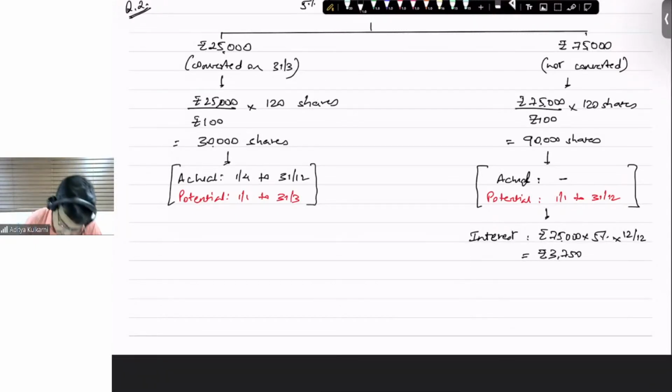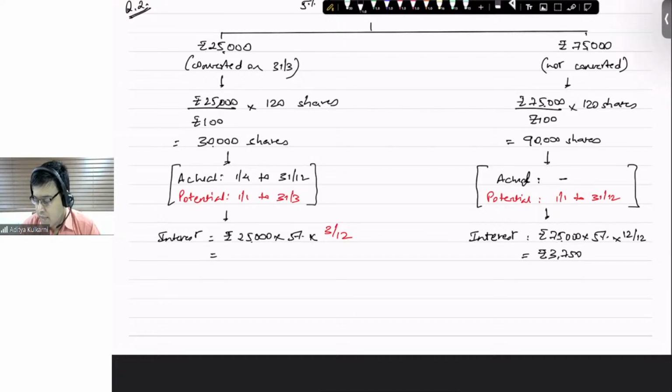Whereas in the case of rupees 25,000, the interest component will be only for a period of 3 months. 25,000 into 5% into 3 by 12 gives 312.5. This is your interest.